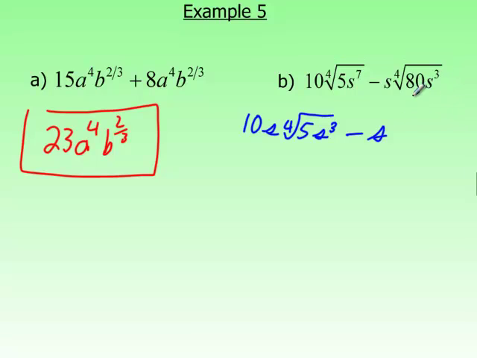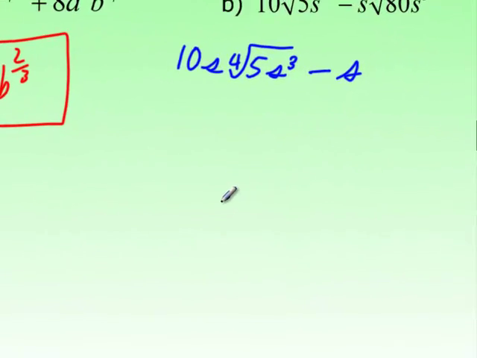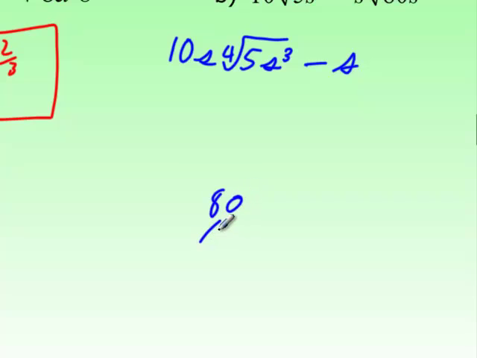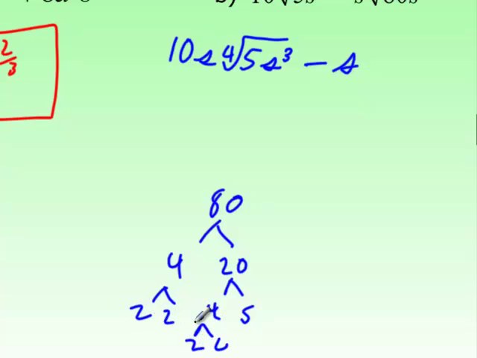Okay, so looking at the 80, I can simplify the 80 if I find the prime factorization of 80. We could say that's 4 times 20, and that's 4 times 5, and that's 2 and 2, and that's 2 and 2. So I have a grouping of four 2's here. So I can pull out a 2 and I'd be left with a 5.